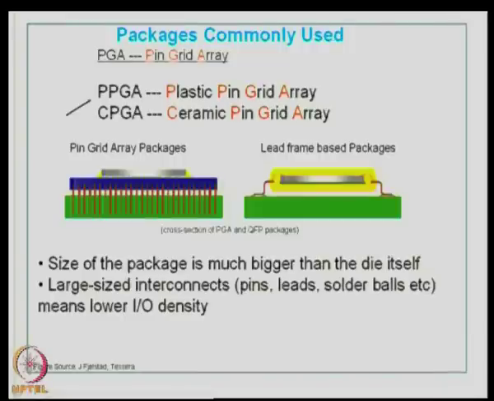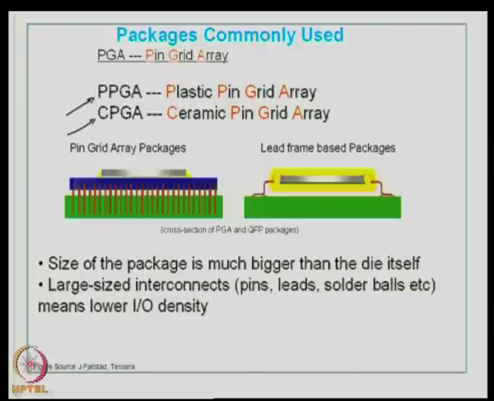So, basically we have plastic pin grid array, which means the substrate and the plastic encapsulation is very specific. So, there can be a variance of the plastic that can be used. Then you have ceramic material, ceramic pin grid array.